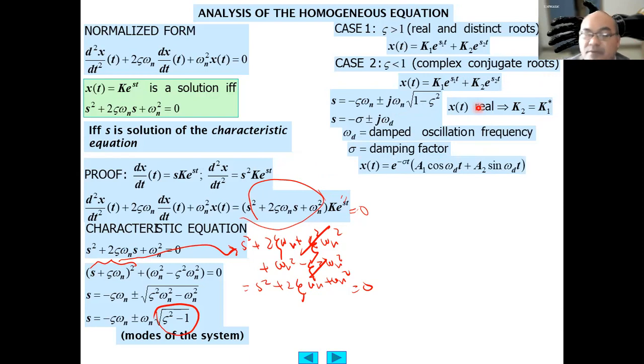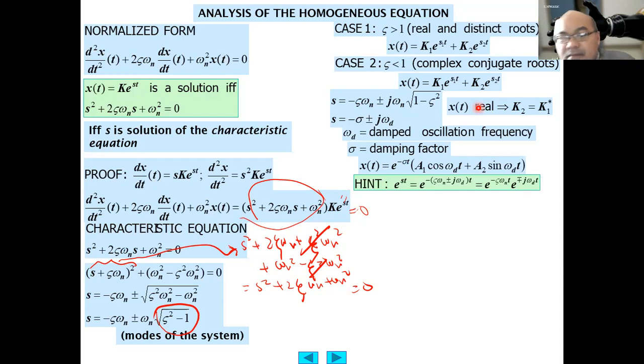x(t) equals exponent minus sigma t, sigma the damping factor, so it's minus, so that's why it is going to decay, times A1 cosine of the damping frequency omega d t plus A2 sine omega d t.